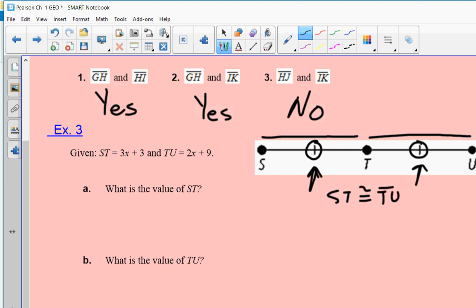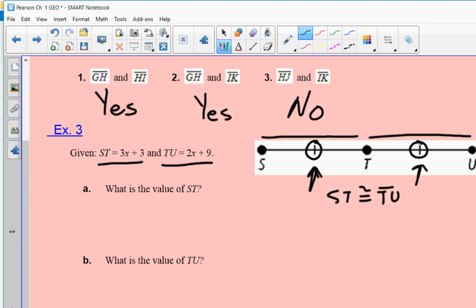Okay. We haven't really discussed what those are. Some of you might know what it means, but now hopefully everybody remembers, because you're going to see it a lot. It just means that this is equal to that. So given that, I come back to my question: ST is 3x plus 3, and TU is 2x plus 9.